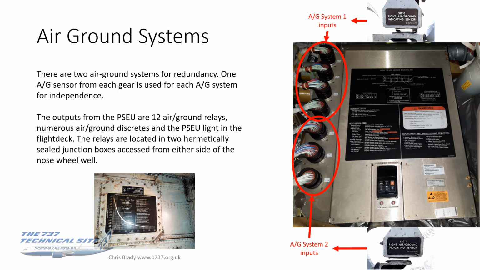So again, next time you do your walk around, pop your head up into the nose wheel well, and you will see these hermetically sealed junction boxes, or you will see the front plate on them. That's one with the nose gear extension decal on it, which has nothing to do with what's behind that panel, but it was a good place to put that decal.